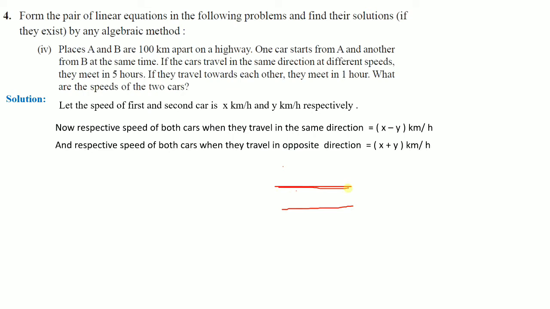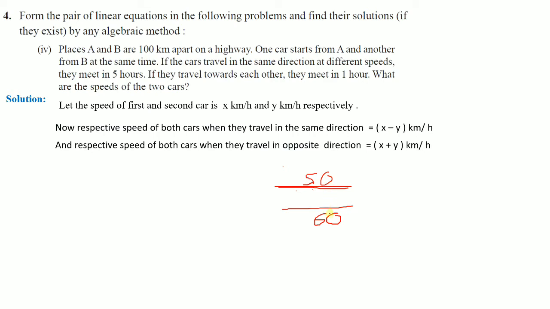The first bus is running with a speed of, suppose, 50 kilometers per hour, and another bus is running with a speed of 60 kilometers per hour. When they overtake, the passengers sitting inside both the buses will feel at some point like they are running at a very slow speed.